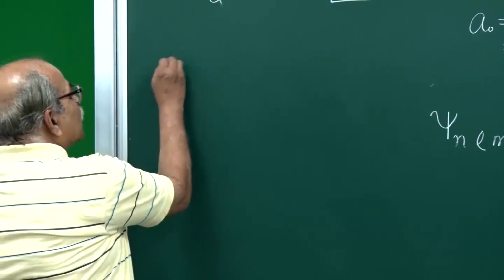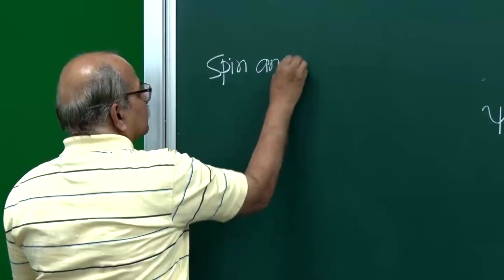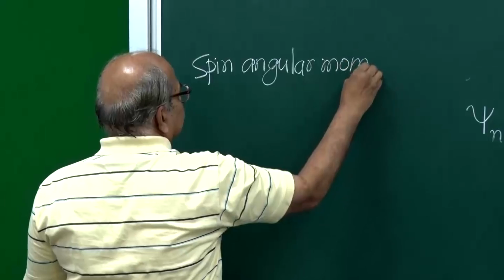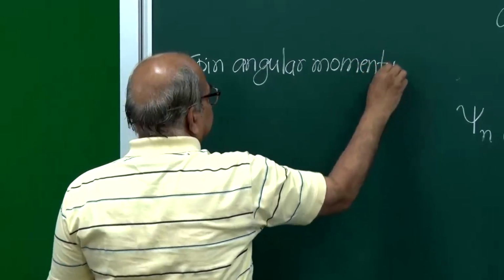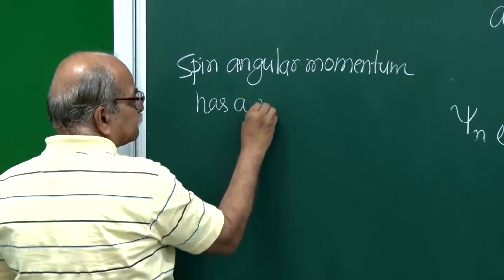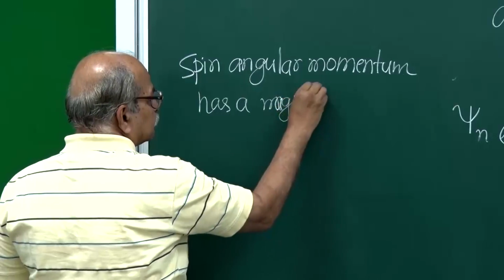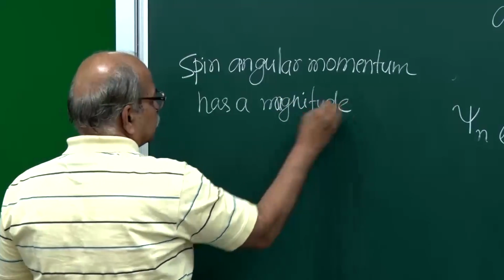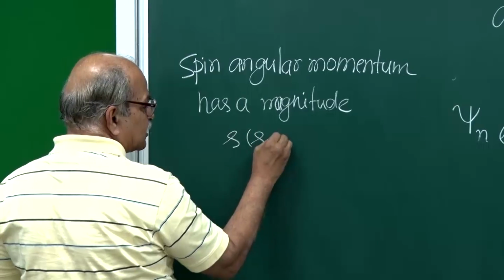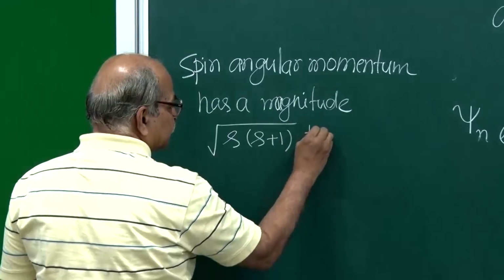Now for the electron and also for the proton and neutron, it turns out to be the same. This spin angular momentum has a magnitude which is square root of s into s plus 1, times h cross.